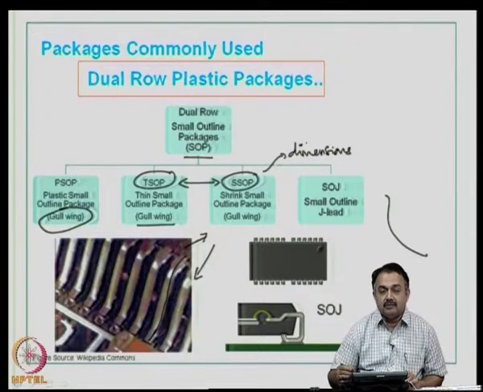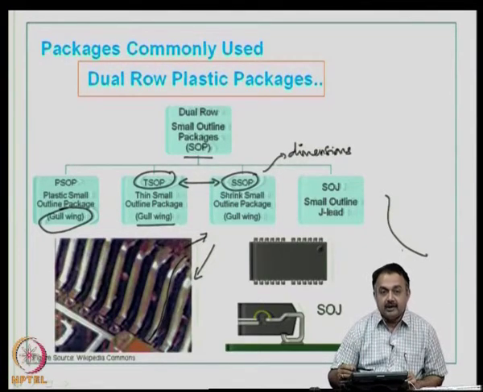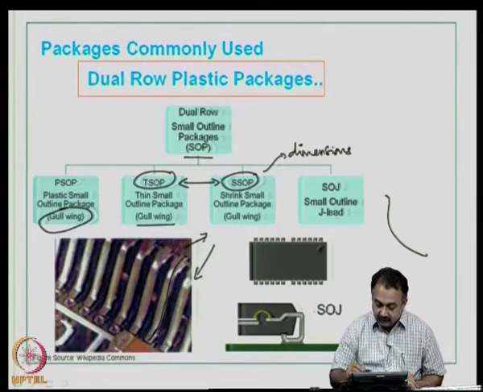But these terms are current, they are accepted by the industry, and therefore, different companies will bring out packages either in a PSOP, TSOP or SSOP, but the industry guidelines will rule the classification of these under TSOP or SSOP.